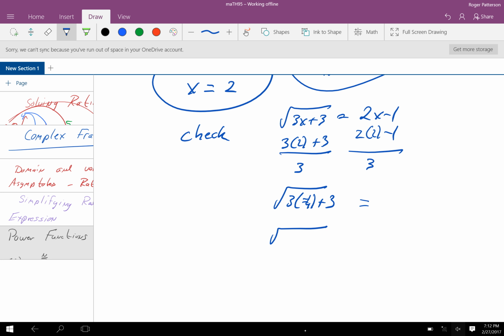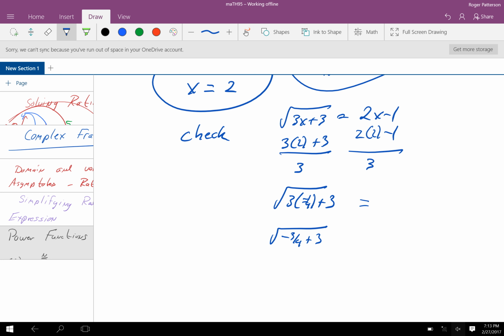So you took 3 times negative 1/4, right? No, you could be still right. But we got to check to see if both sides work, right? Right. So if we go 3 times negative 1/4 plus 3, I know that's negative 3/4 plus 3. What's the square root of that?